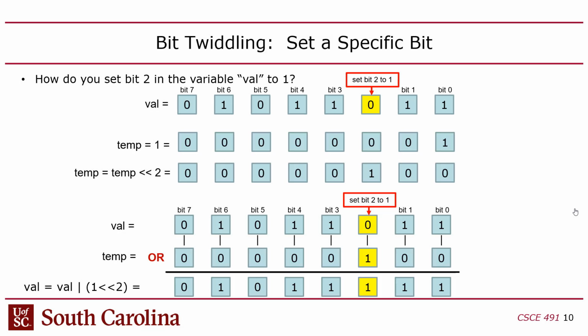In C, the order of operations is, I believe, I've got to double check this, I'm pretty sure this is right, it's going to do the OR before it does the shift. So if you don't put parentheses here, it won't work. It'll break the code, right? So I've got parentheses here that shift a 1 by 2 bits, and then I OR it in. So basically, you merge this into val, and then it'll set the bit, right?